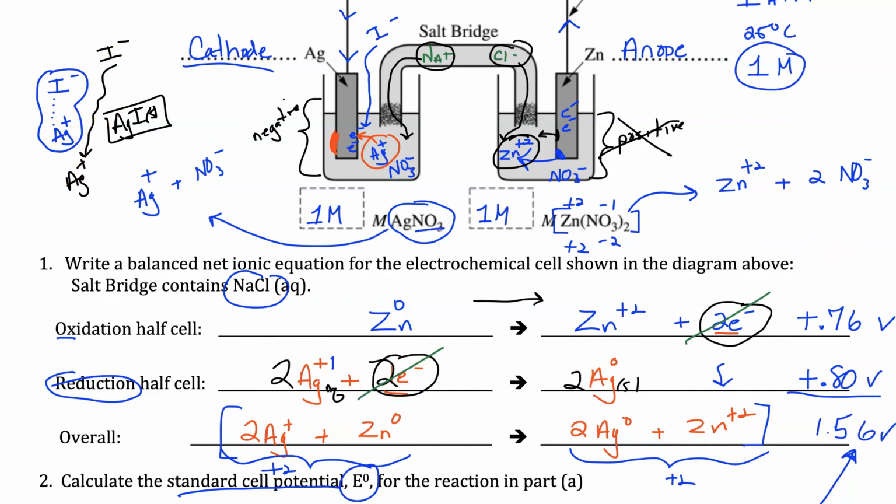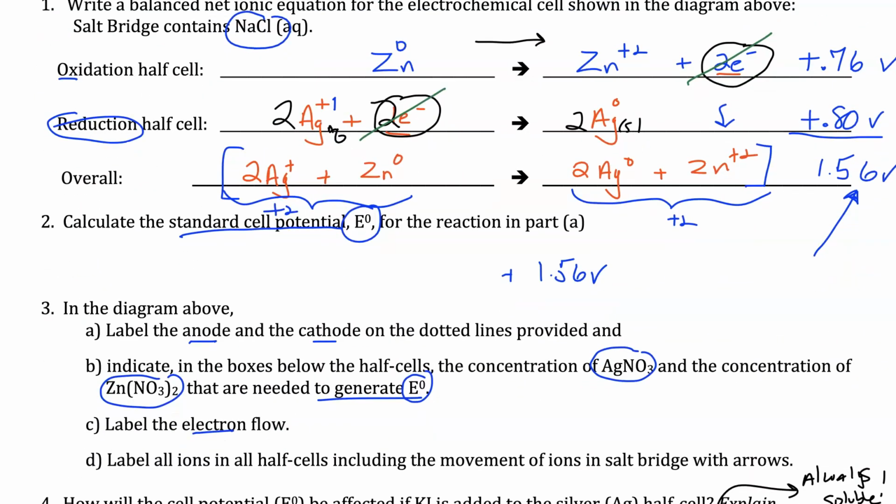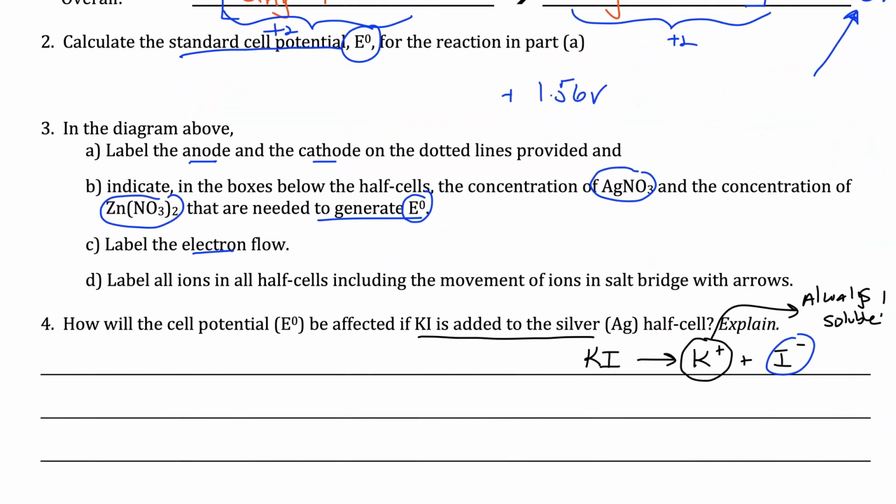So by adding the iodine and using my solubility rules, I know that the silver ion concentration is going to decrease because the iodine will make a precipitate with Ag+.